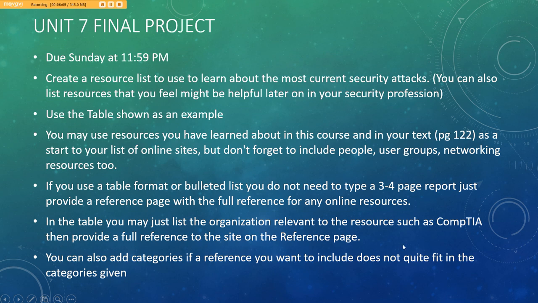So as I said, you can list the organization, such as CompTIA.org, rather than doing a full in-text citation. But make sure you have a full reference page with the full reference.